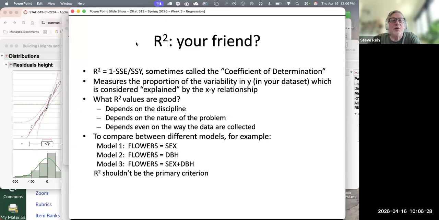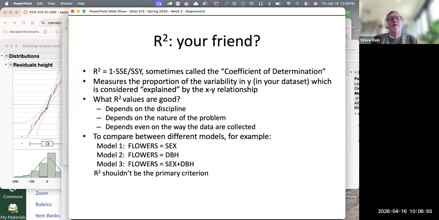R squared measures the variance in the residuals versus the variance in Y. That's our 1 minus part. So 1 minus what is unexplainable is the proportion that we can consider explained. SS error over SSY is the proportion of SSY that is not explained. R squared is the proportion of variability in Y that is explained.